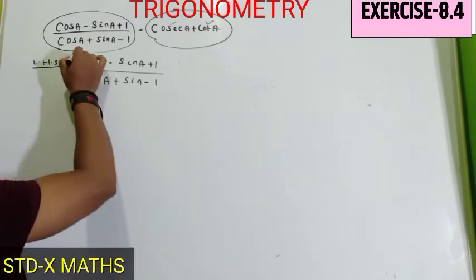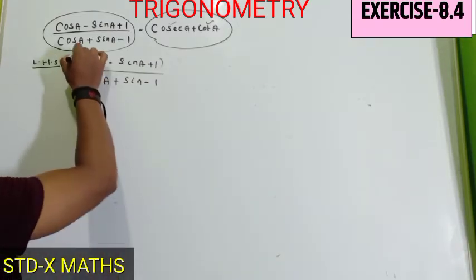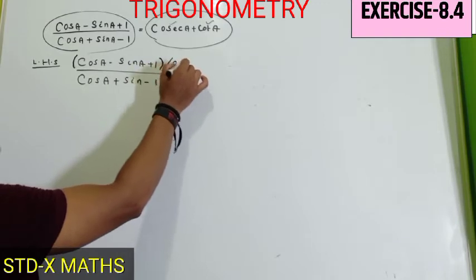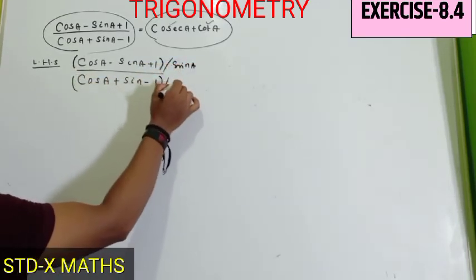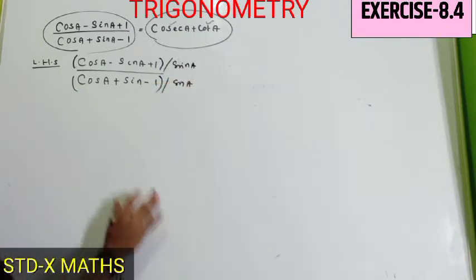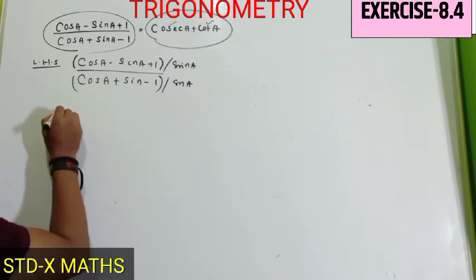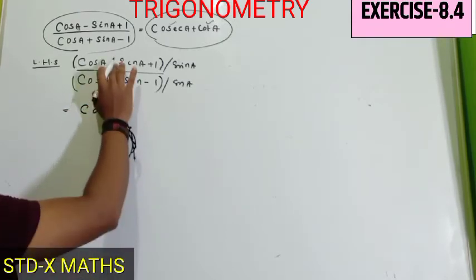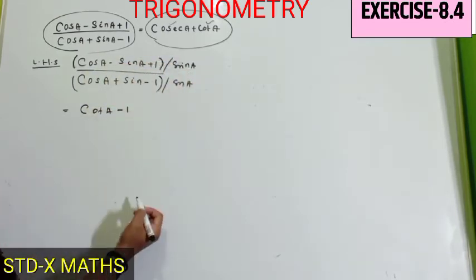So for which all the terms on the numerator side of the LHS I am dividing by sin A, and here also I am dividing everything by sin A. So the total term divided by sin A means cos is divided by sin A. The first one will be our cot A. The second one, sin A divided by sin A, will be our 1.